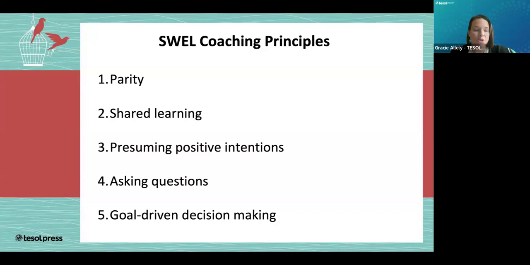Everyone wants to help our students succeed, and that's where we're starting from. Asking questions, not shutting down conversations. And then again, goal-driven decision-making, where you can use your data as your school provides or as you have availability, but setting goals and making decisions based off of those.